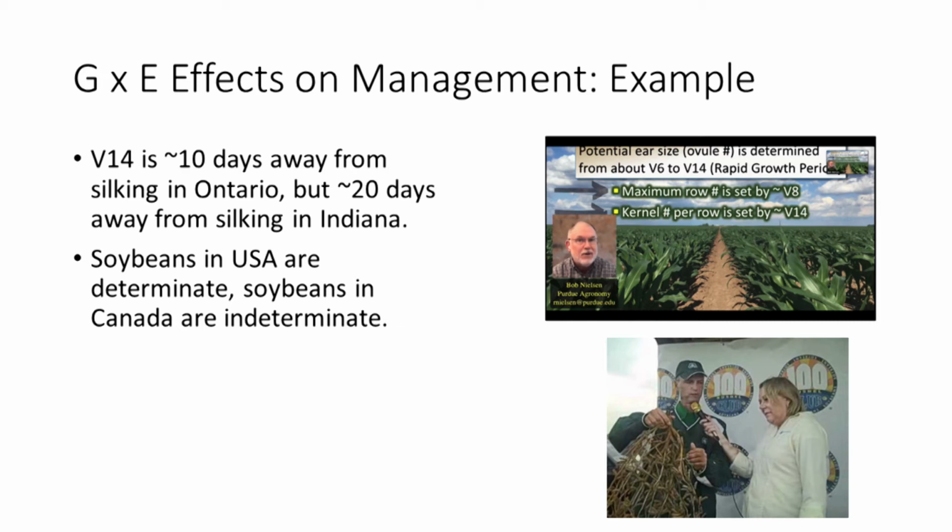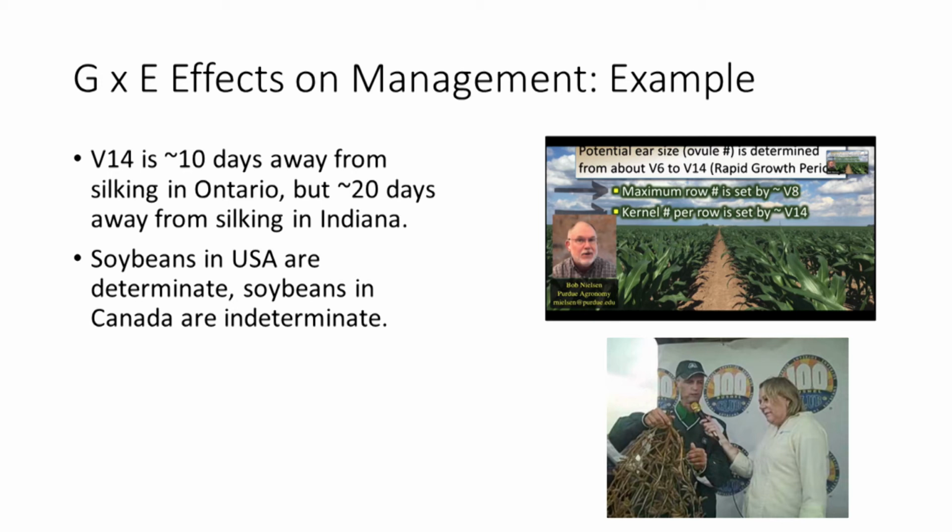And this is a slide where he talks about when yield potential is formed, and so the types of management factors or decisions you need to think about at these different times. So, for example, he talks kernel number per row is set by about V14. Okay, so V14 in Indiana is about 20 days away from silking. So you have 20 days of vegetative growth left.